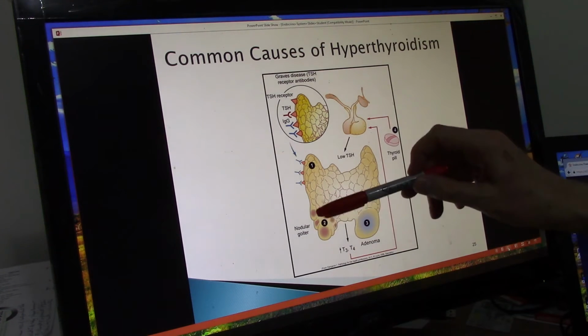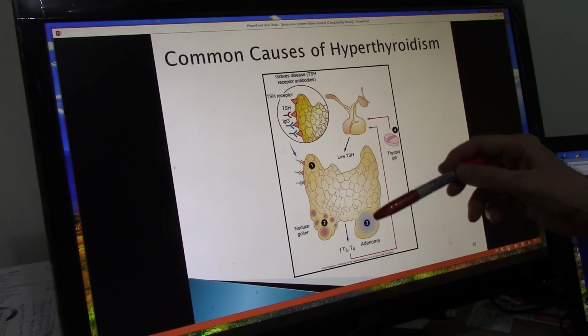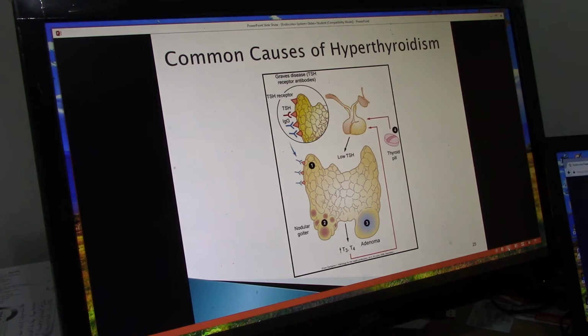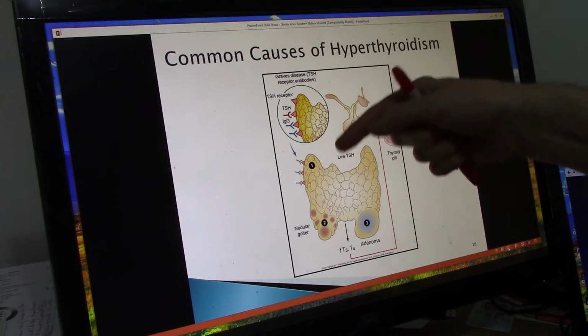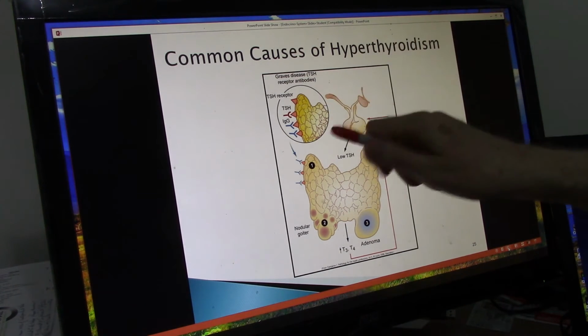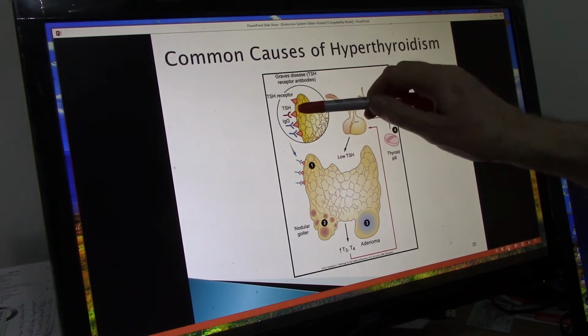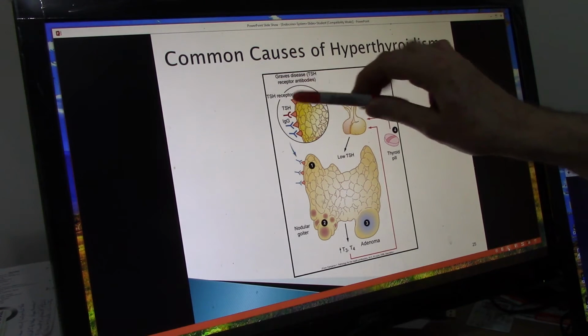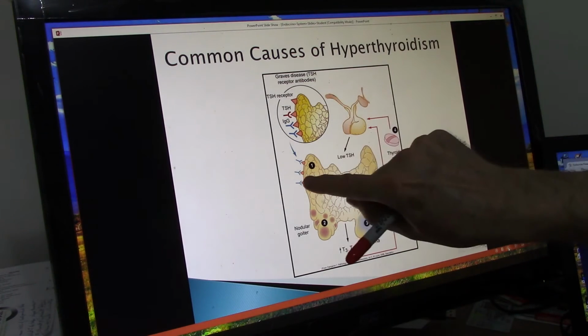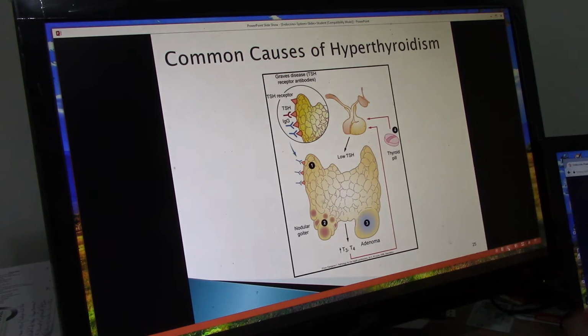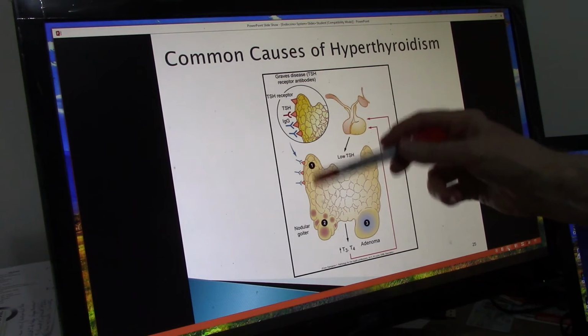Okay, secondary hyperthyroidism, and this is a really nice little illustration here. This shows you the toxic multinodal goiter, the adenoma, and it also shows you Graves' disease. In Graves' disease, what happens is that the body kind of attacks itself, and it sends antibodies, which is the IgG, immunoglobulin G or gamma, and these antibodies will go to TSH receptors and tell the thyroid, hey, produce more T4 and T3, which of course is not what we want the body to do.